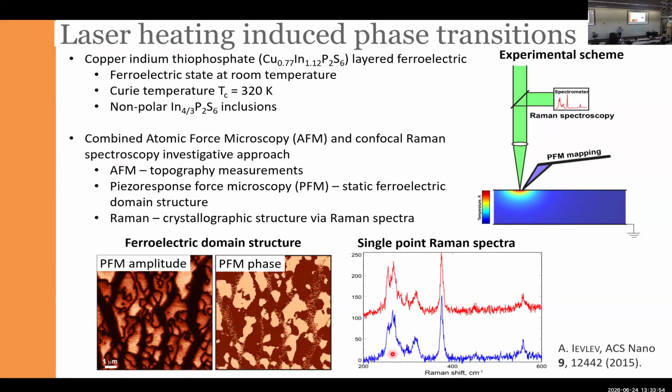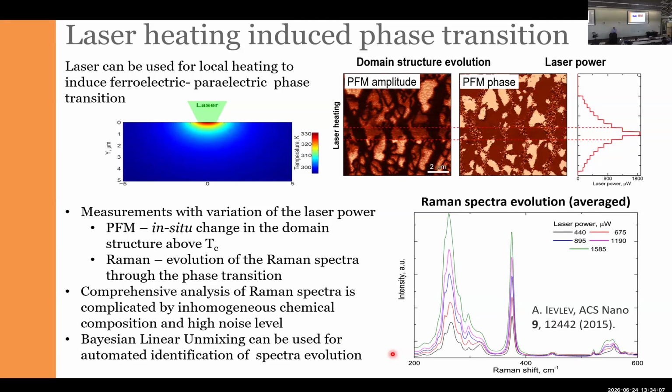There is a problem, however: the spectrum that we measure is the linear combination of all the phases present in the system. Since we don't have the spatial resolution, we cannot figure out which component belongs to each phase. Here you can see multiple spectra acquired at different laser powers, and different laser power is essentially a different temperature of the sample surface.